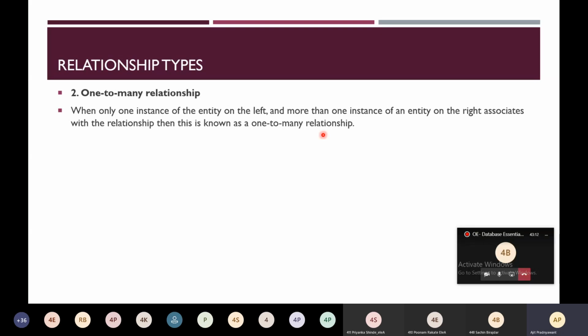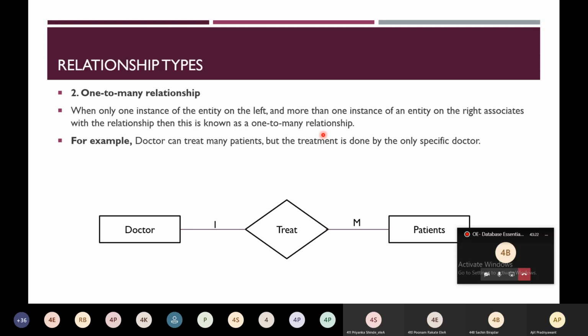One instance of one entity is in a relationship with many instances of another entity. Here is the example. A doctor can treat many patients, but the treatment is done by only a specific doctor.